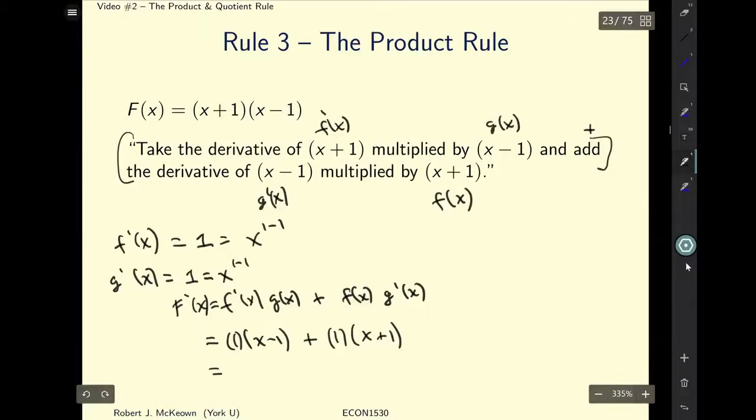This is going to be equal to just x minus 1 plus x plus 1, and we get 2x.